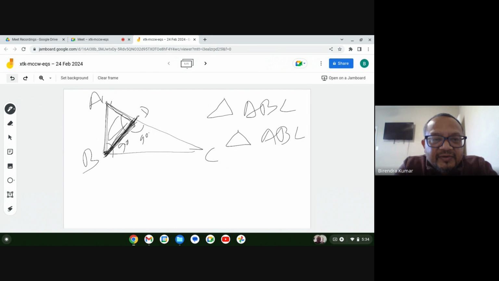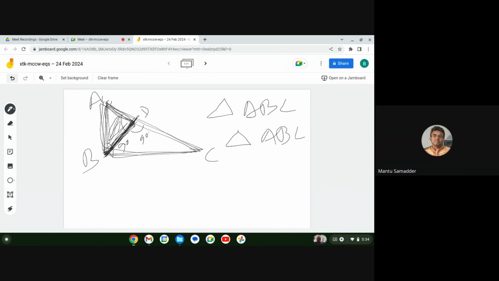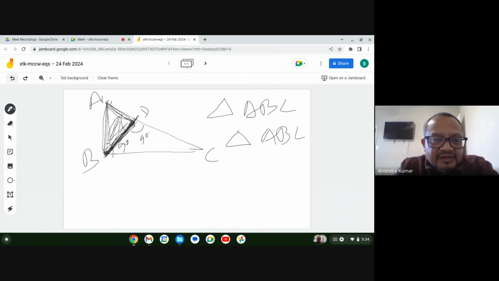I'm looking at the child triangle ABD and the parent triangle ABC. In these two triangles, I'm trying to find out some relationship.